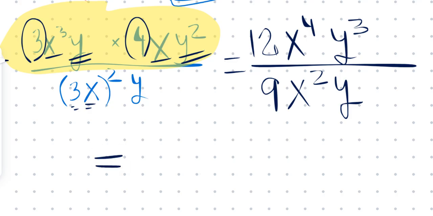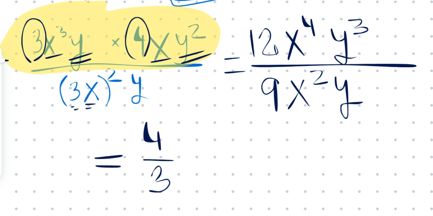In our final step, number by number, variable by variable. So basically 12 and 9, we cannot divide them, right? But can we simplify them? Yes. So both 12 and 9 can be simplified by 3. So 12 divided by 3 is equal to 4. 9 divided by 3 is equal to 3.